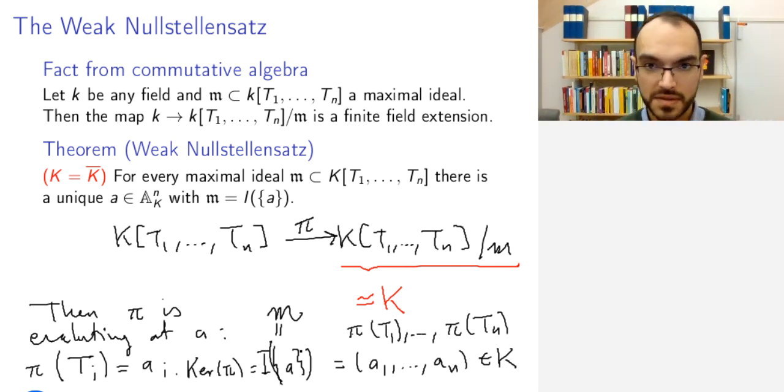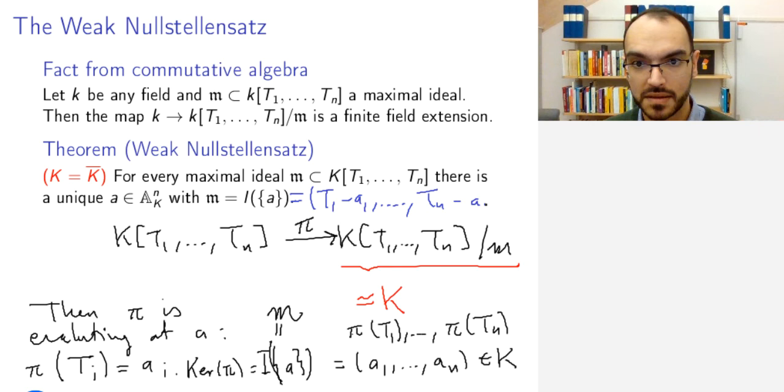In other words, every maximal ideal of our polynomial ring is of this form. So we have proven the weak Nullstellensatz. And just for information, we know from before that this is the ideal generated by t1 minus a1 to tn minus an. So every maximal ideal is of this shape.